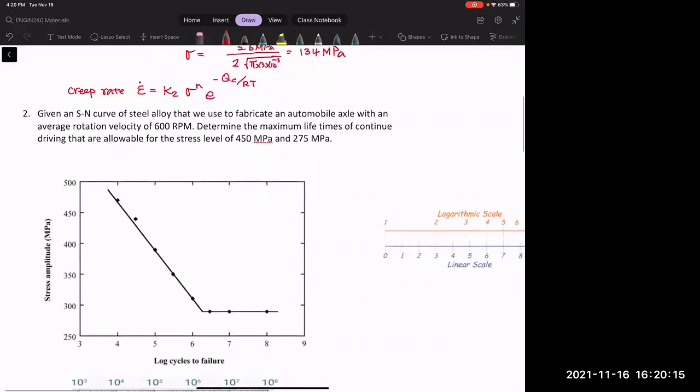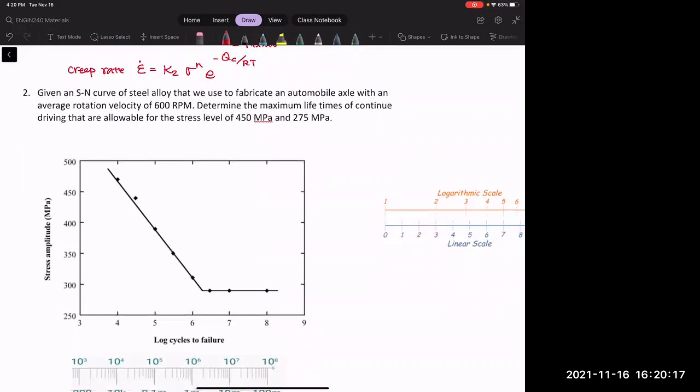Most of this graph are using the log scale for the time. This also works for the chapter 10 when you look at the heat treatment. At the x-axis, we also use the log scale. So this is the good practice that you know how to read a log scale.